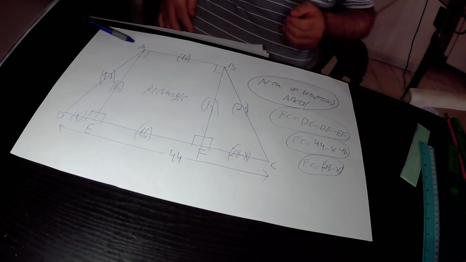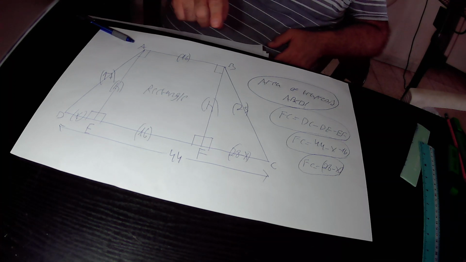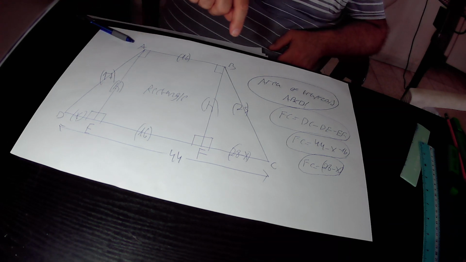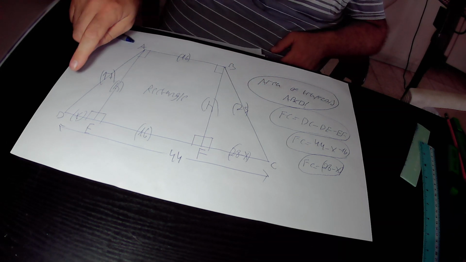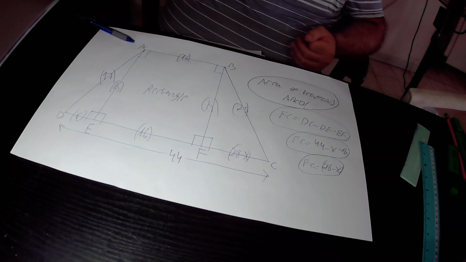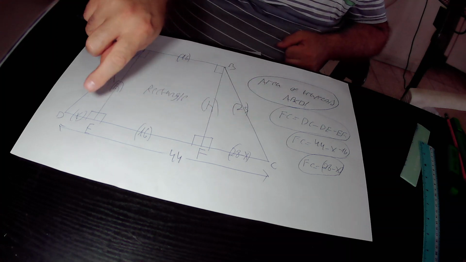The question gives us that side AB equals 16 units in length, side AD equals 17, side BC equals 25, and side DC equals 44 units in length. Again, our mission is to find the area of this trapezoid ABCD.